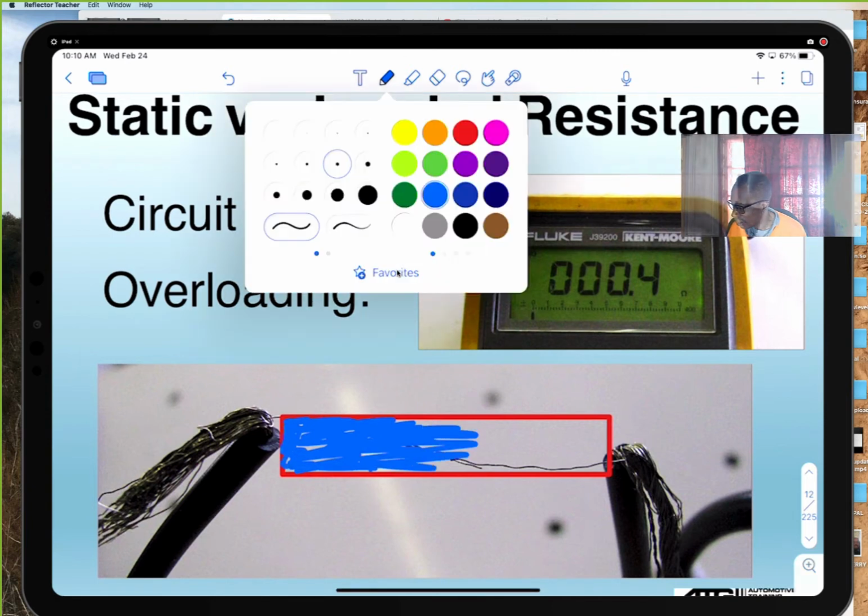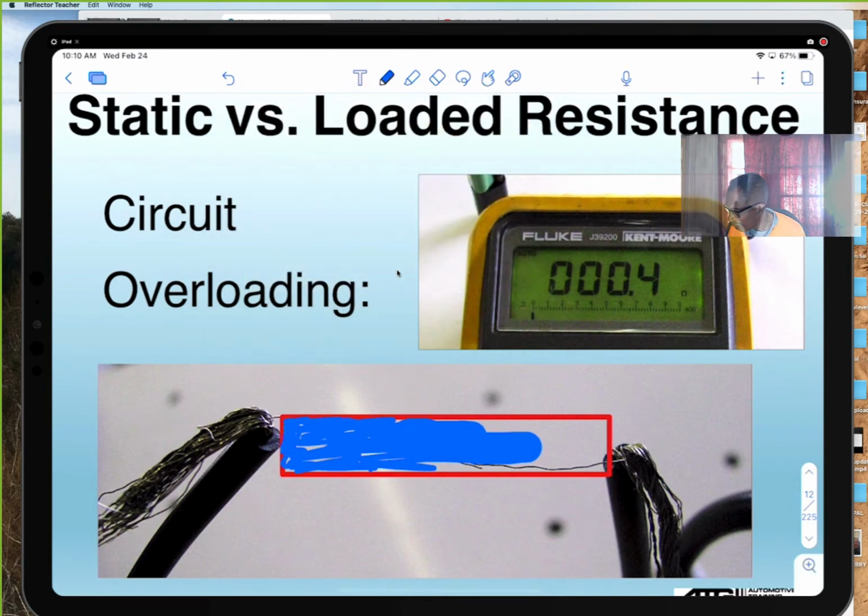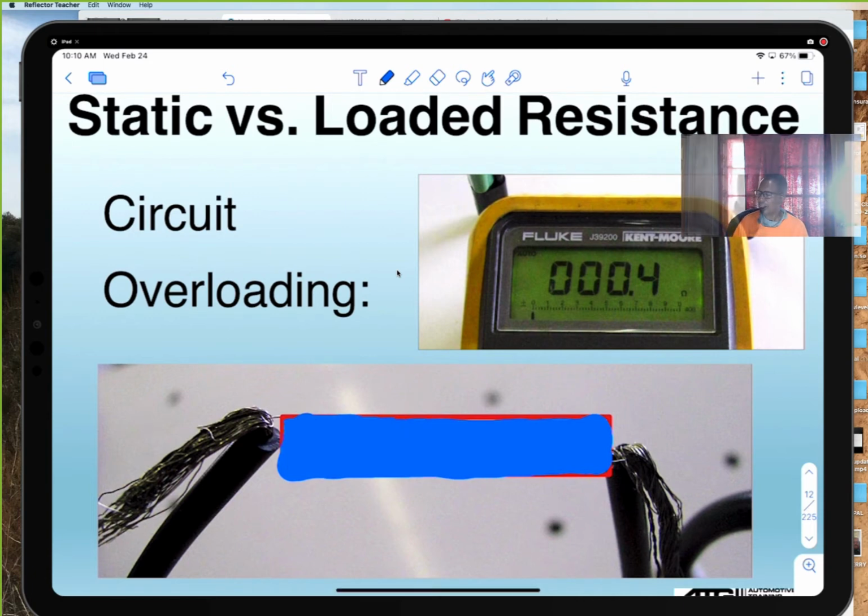That's the insulator, right? On the wire under the hood of a car. Now, you can't see that strand of wire. All you see is the insulator. But how you find it is what we talked about yesterday.